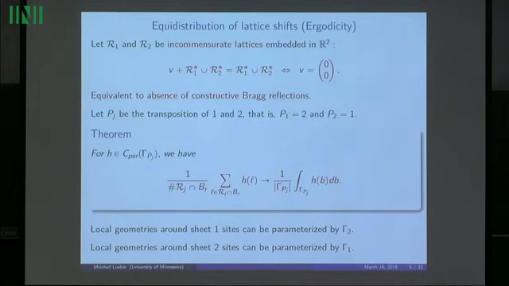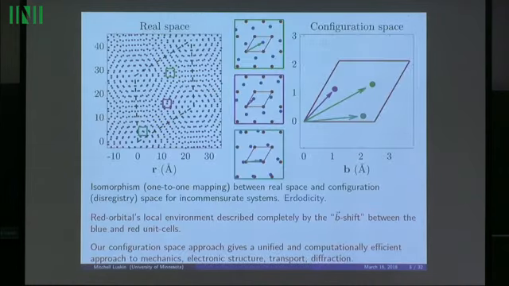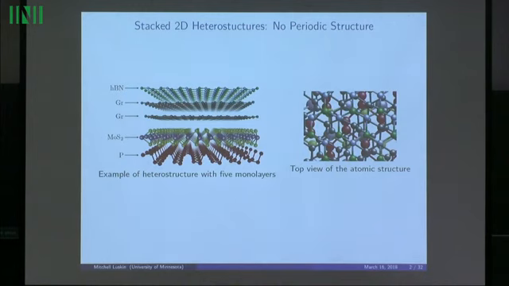Now, I keep throwing this word incommensurate around, so what really is incommensurate? It's a little different than what I described last time. Last time I said that as I go from point to point and look around, the environment is uniquely different at every point. Where I'm sitting at a red atom, the relative vector to the nearest green atom is different as I go from red atom to red atom.